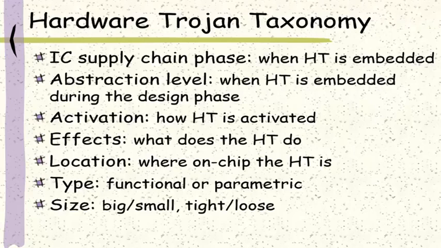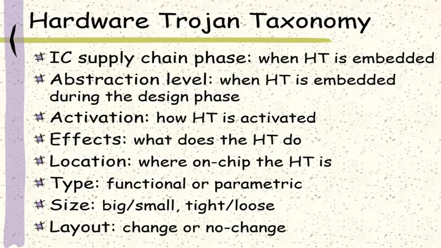Tight means that the hardware Trojan is clustered or centralized at one spot on the chip, and loose means that the hardware Trojans are distributed all over the chip. Does the insertion of the hardware Trojan require redesign of the layout or not? We will explain these hardware Trojan taxonomies in detail with some hardware Trojan examples.